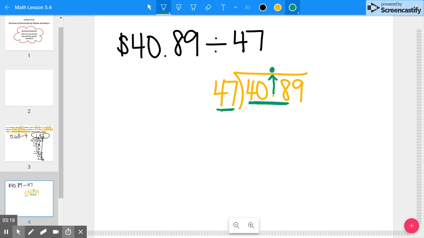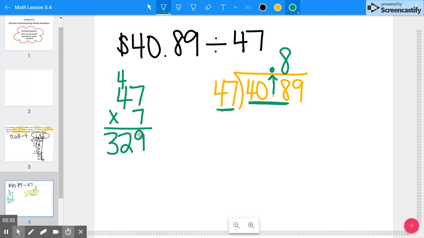Well, I know that that would be 8, because if I do the work on the side here, 47 times 7, 7 times 7 is 49, 28, 29, 30, 31, 32. That's too small for 408. But if I did 47 times 8, it's 56.